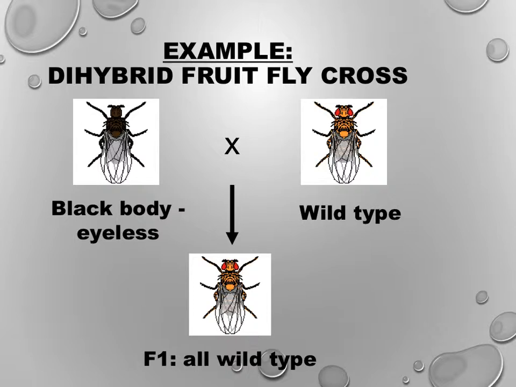This cross would produce an F1 generation that all has the phenotype of wild type, meaning all normal, red eyes, normal body, but they would still carry the genes for this particular, let's not necessarily call it a mutation, but for this particular phenotype of black body with no eyes.